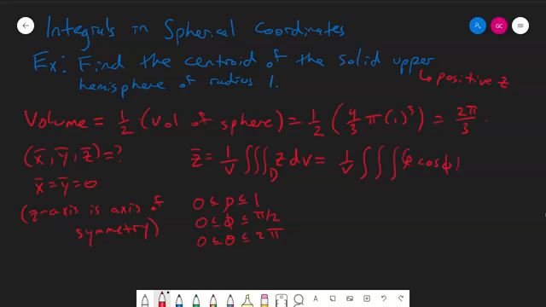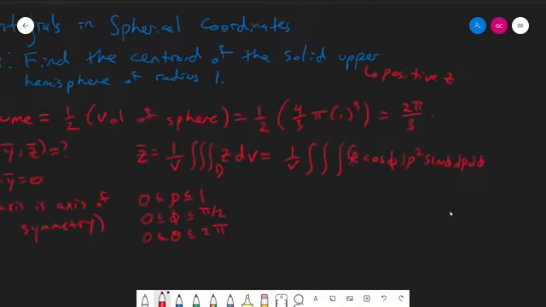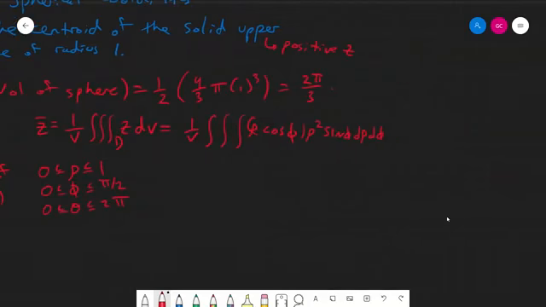And then remember, I have this extra factor of rho squared sine phi before I have my d rho, d phi, d theta. So if I have rho on the inside, then those go from 0 to 1. Then phi was 0 to pi over 2, and then theta was 0 to 2 pi.